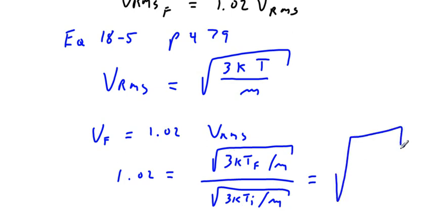This is going to be the square root of T final divided by my initial temperature, which is 293 K, because I'm at 20 degrees.